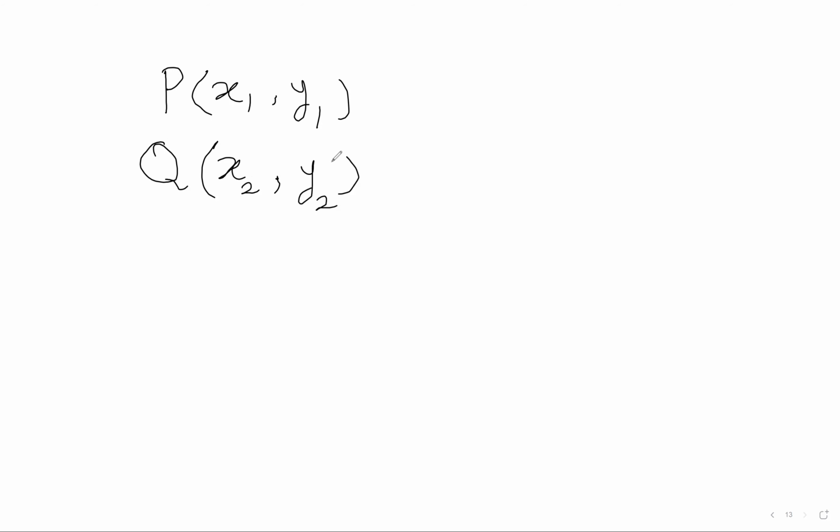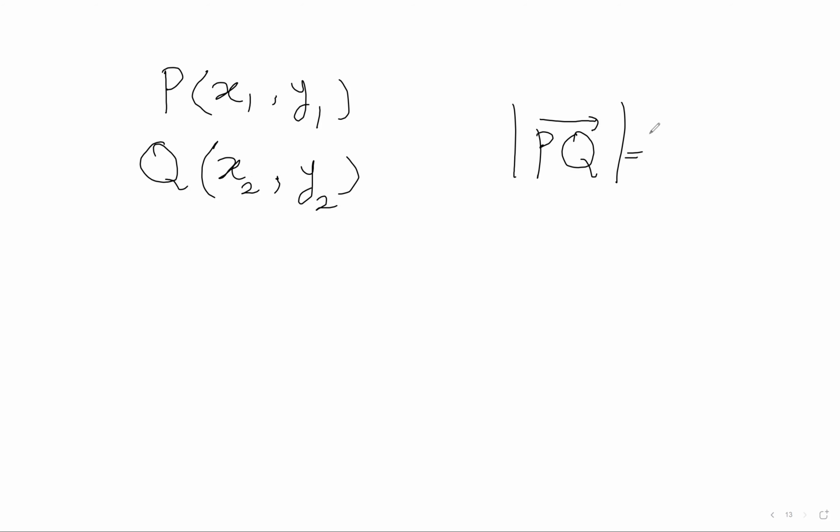Suppose we have P with the coordinates x1, y1, and Q with the coordinates x2, y2. And for the vector PQ, I want to find the length, this absolute value sign. How can I do that?